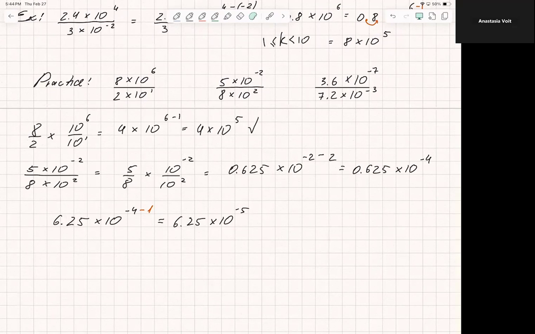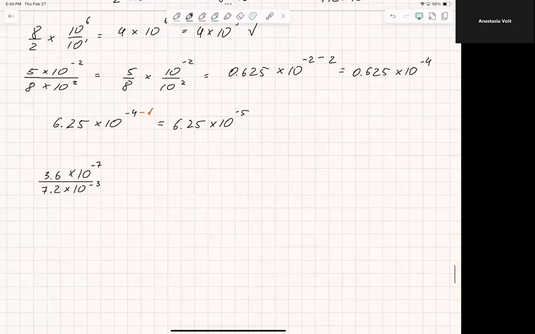Okay? Now, the last example is the following. Let me copy that. So we have 3.6 times 10 to the power of negative 7 divided by 7.2 times 10 to the negative 3. Now we combine the numbers together and the tens together, times 10 to the negative 7 over 10 to the negative 3.